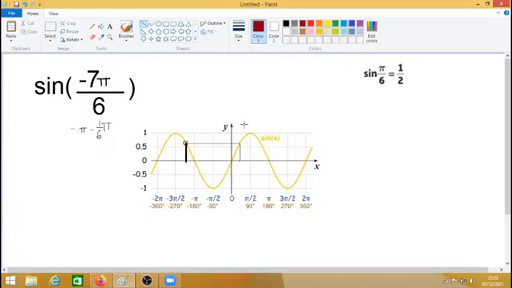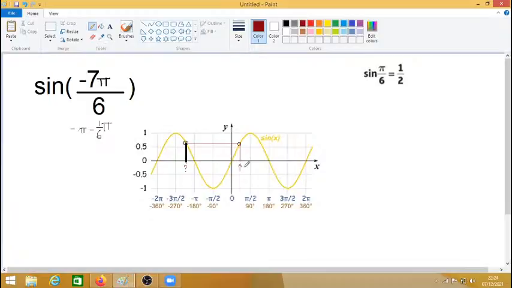This answer that we want on the left with the question mark, that's your minus 7 pi over 6, we'll get that same answer if we use this value of the angle, where the arrow is.